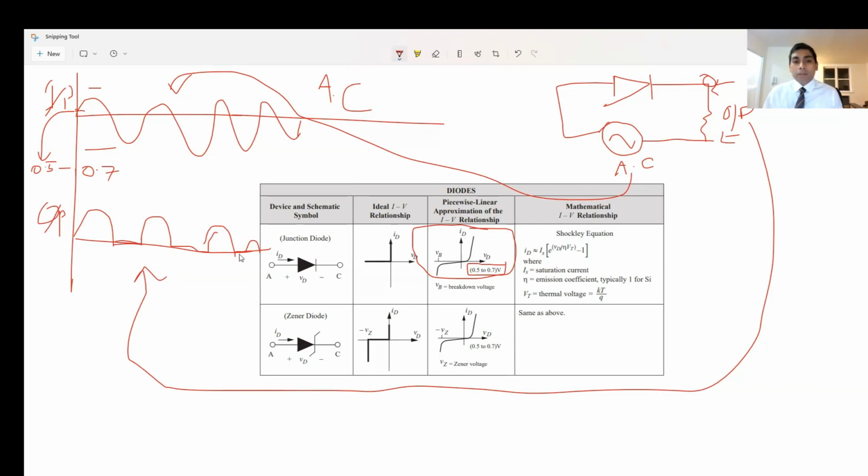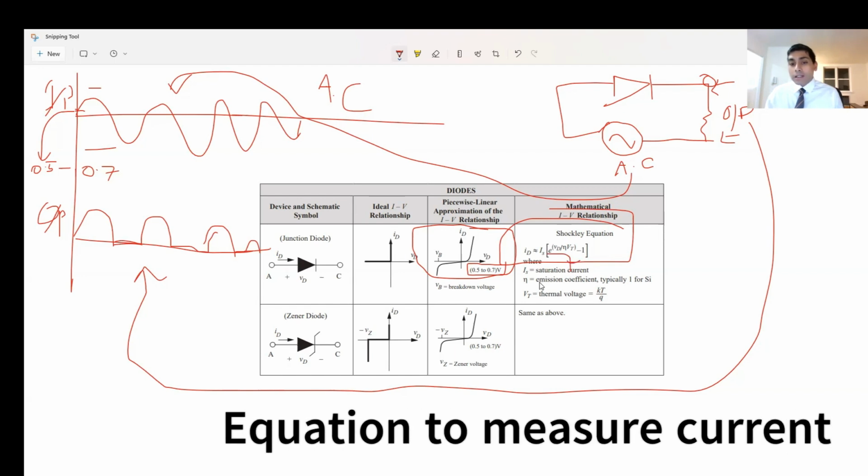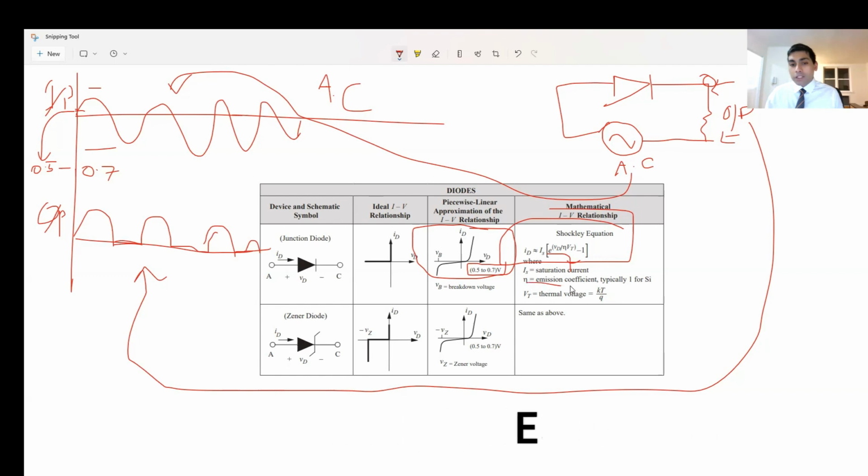Now, once I apply that minimum threshold as the input to the circuit, it will start conducting. And if you're trying to measure how much current is flowing through this one, it can be determined using Shockley's equation over here, where IS is the saturation current, and as you can see, this one is the emission coefficient given over here.